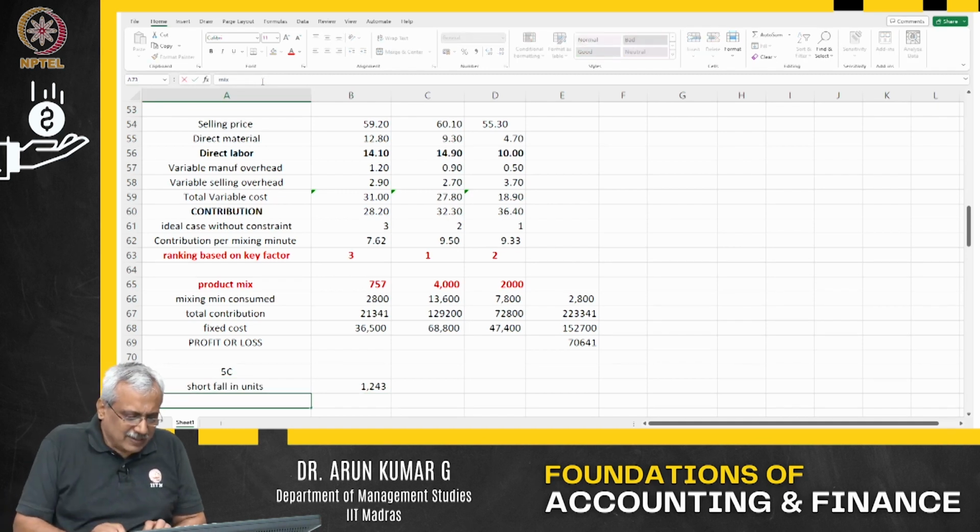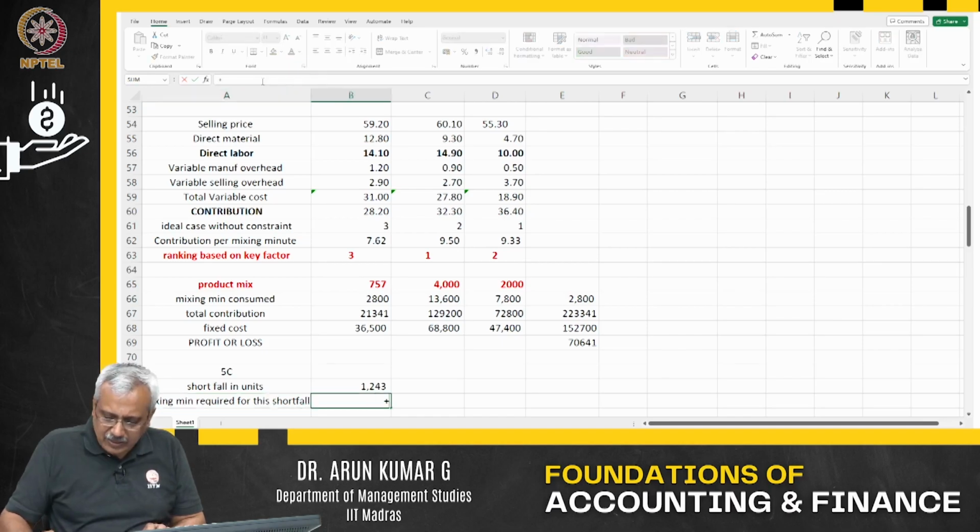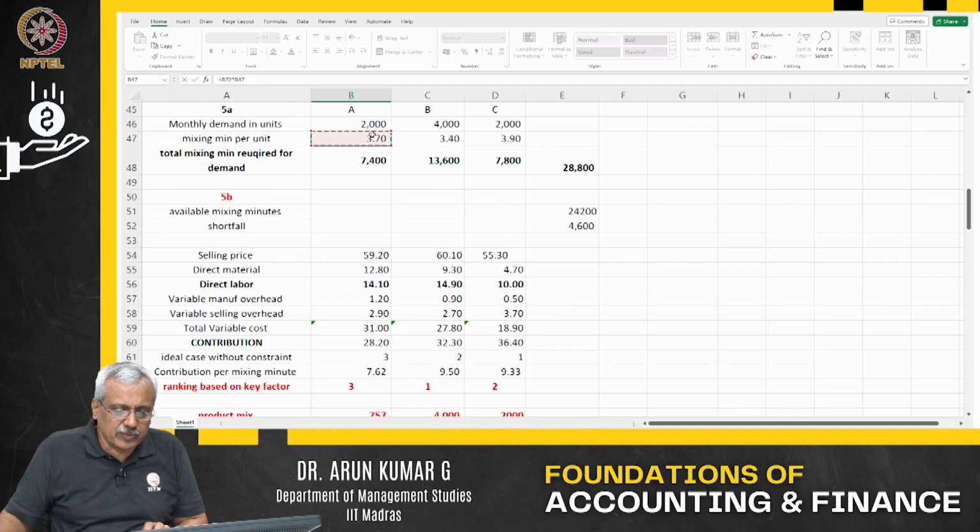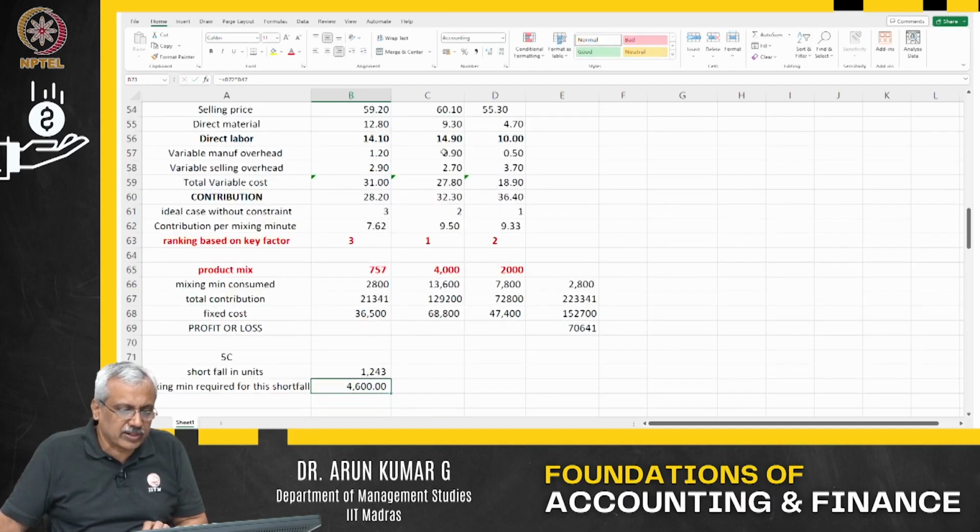What are the mixing minutes required for the shortfall? For the shortfall, the number of mixing minutes per unit is going to be this. You can say that 4600 mixing minutes is required.